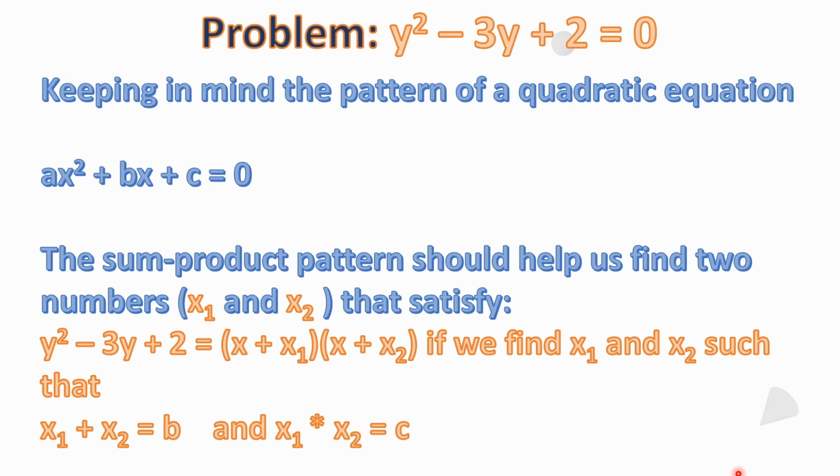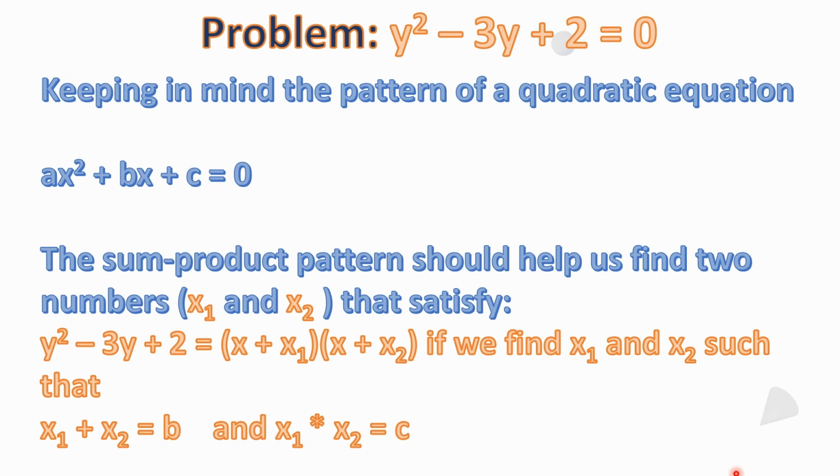So we'll get into that here. Keeping in mind again that the pattern is ax squared plus bx plus c equals 0, the sum product pattern should help us find two numbers, which we talked about before, x subscript 1 and x subscript 2, that satisfy the following. We take our quadratic equation, and we should be able to factor it so that it looks something like this: the quantity x plus x1 times the quantity x plus x2.